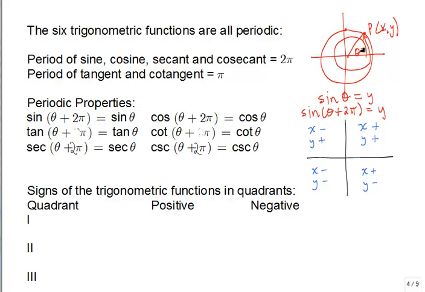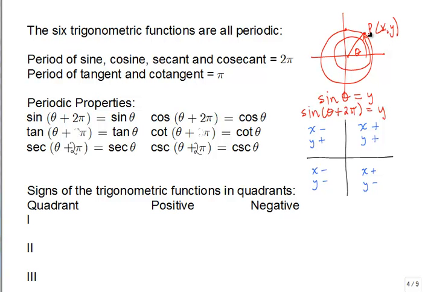Now what happens if we went sine of theta plus 4 pi, or 6 pi, or 8 pi? Or if we went sine of theta minus 2 pi or minus 4 pi, that's still going to land us at the same terminal point P every time, and therefore the y coordinate is always going to be the same. And those sine values for all of those multiples of 2 pi are going to be the same as well.